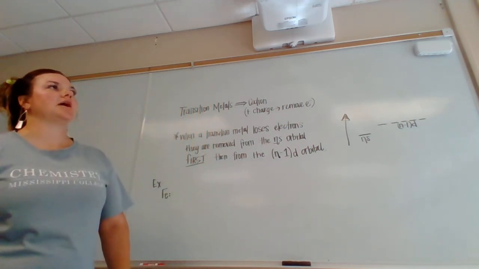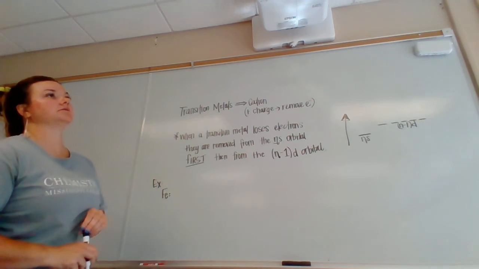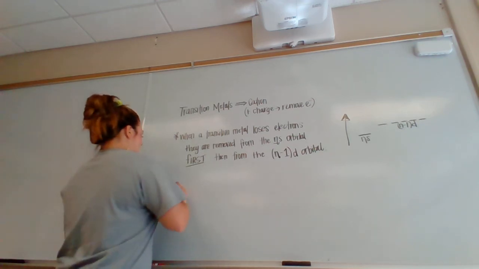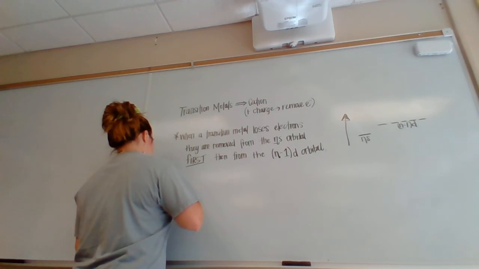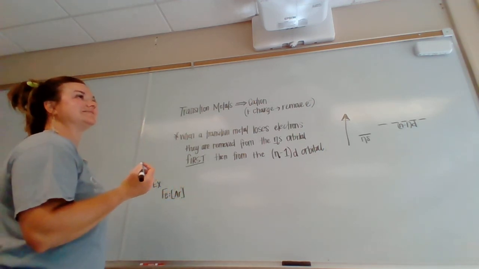Let's write the electron configuration of iron, then we'll do its cations. So preceding is argon, so 4s.